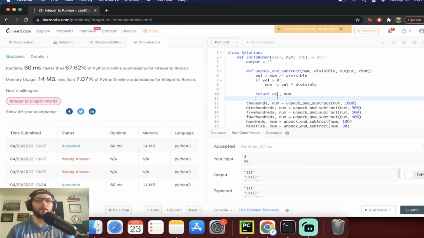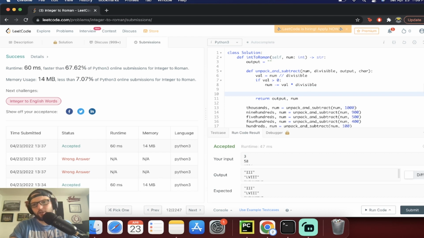Instead of returning a value here, you could return output. And then you would go output plus equals.